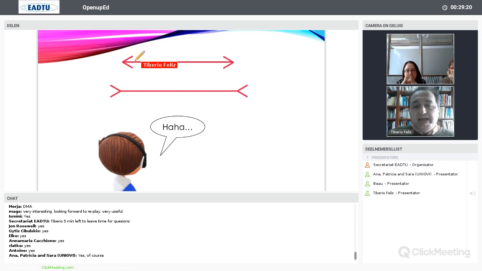It's very easy. We have the same lines. The two lines are the same, but changing the endings here and here, it seems that the second one is longer than the first one, okay?